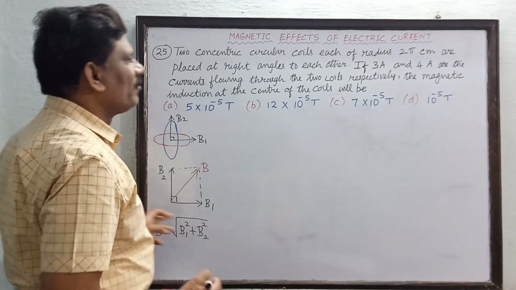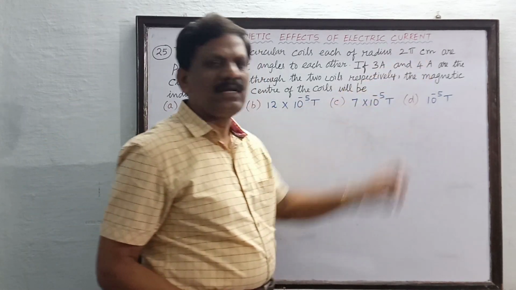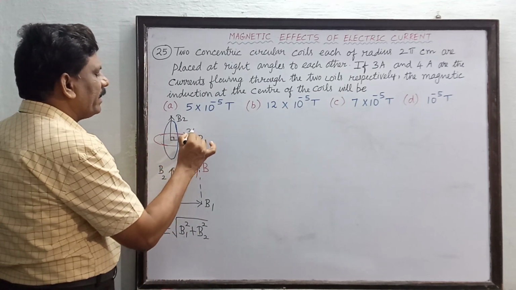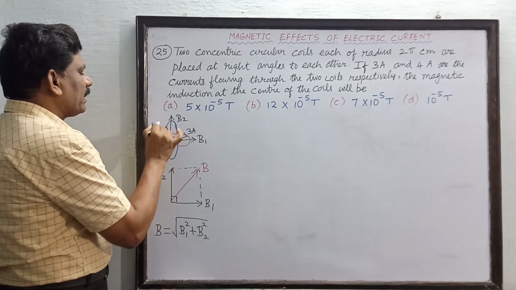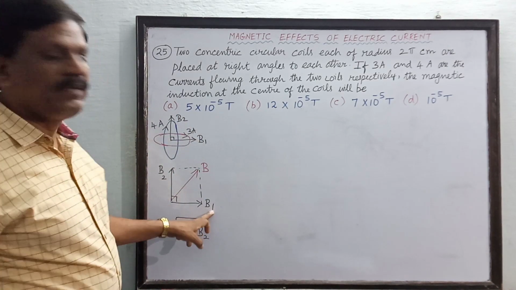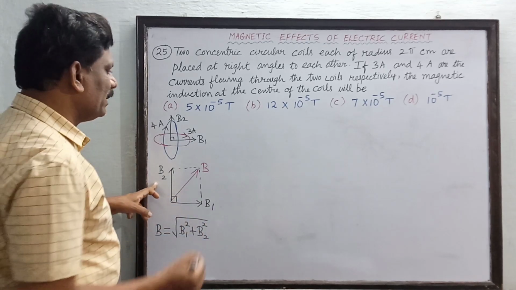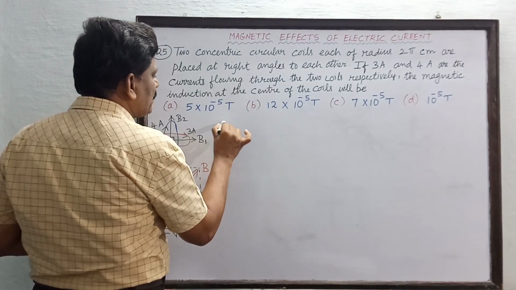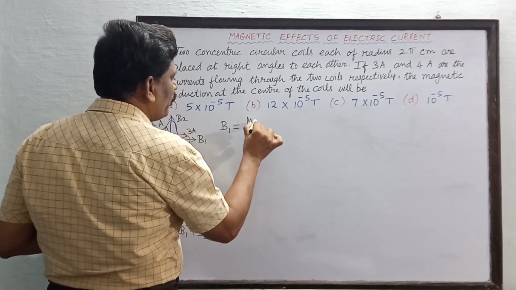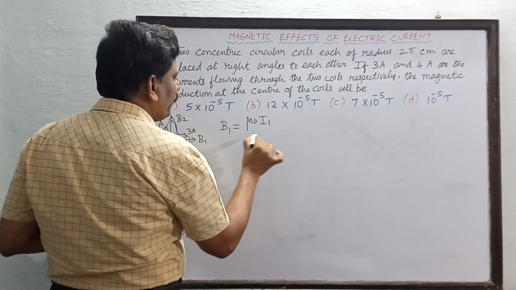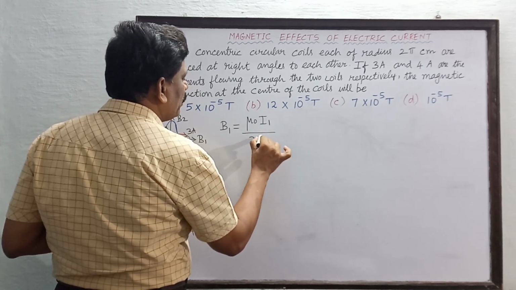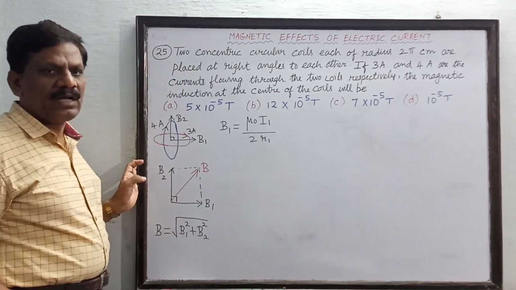Now the current flowing in the first coil is 3 ampere, and in the second coil it is 4 ampere. So I have to write two equations separately for B1 and B2. First, B1. The magnetic field B1 is equal to μ0 I1 divided by 2 R1, where the radius is R1.